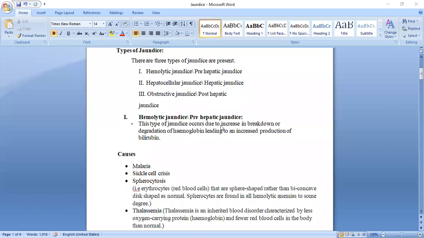This type occurs without damage to the liver, that is why it is pre-hepatic. The main cause is breakdown of hemoglobin, not in the liver.